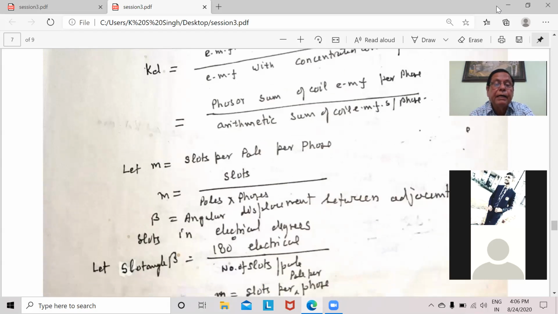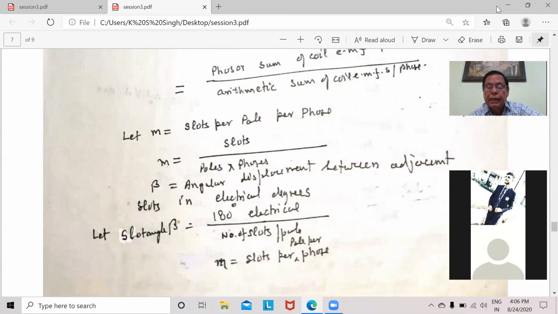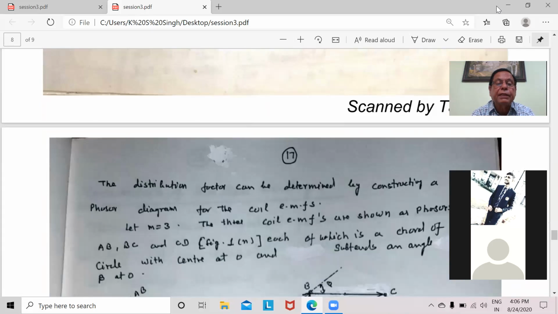Second is beta, the angular displacement between adjacent slots in electrical degrees. Since the angular distance between adjacent poles is 180 degrees, if you divide by the number of slots per pole, you will find the value of beta. So beta is equal to 180 degrees electrical upon the number of slots per pole per phase. These two things are required for deriving the equation.